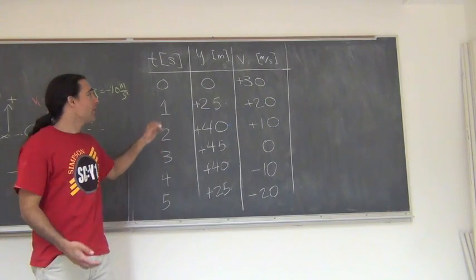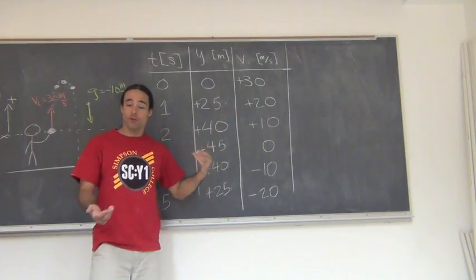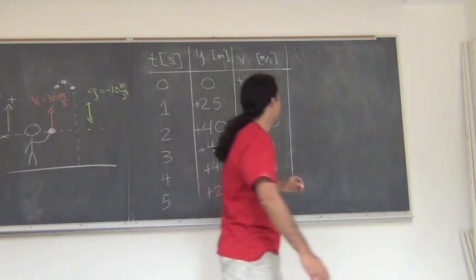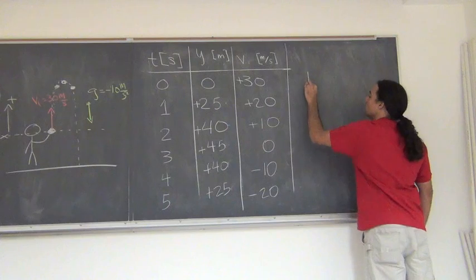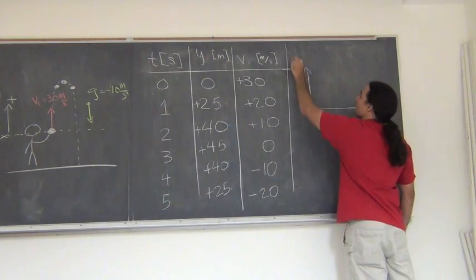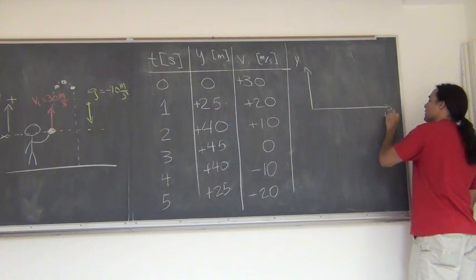Let's see what a plot of position versus time looks like. And since velocity is changing, we can also look at a plot of what velocity versus time looks like. So plot my position as a function of time. We'll do that first.